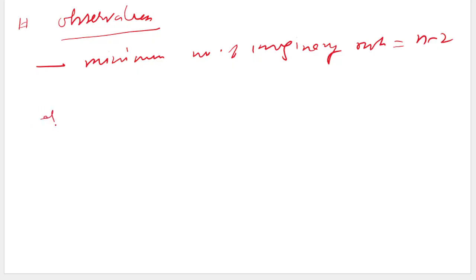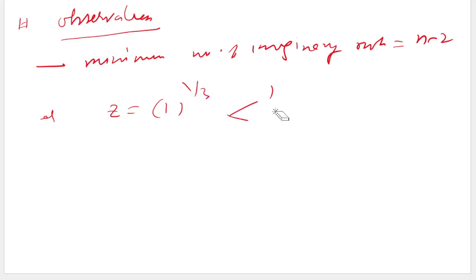For example, obviously there are n roots, so n minus 2 are imaginary roots, so the remaining are the real roots. For example, if we take the cube root of unity, let's say z is equal to the cube root of unity. We'll see in detail next time, but just want to show the possible values.